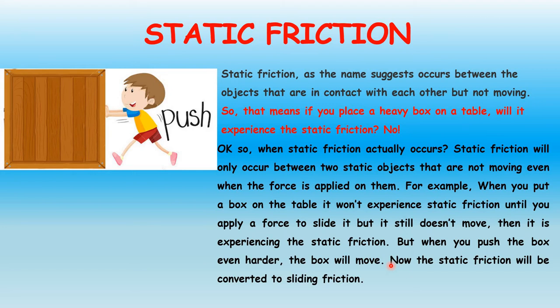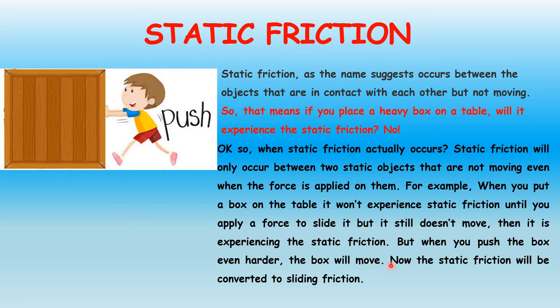You are applying a force on the table. The minute you apply a force on the table, the static friction comes into action. When you apply a force, even if the table is not moving, there is a frictional force which is known as static friction. Why is the table not moving? Because the force you have applied is not sufficient to overcome the frictional force.